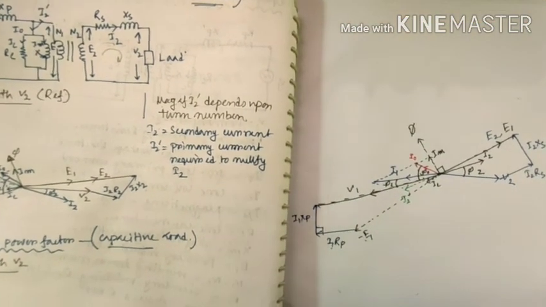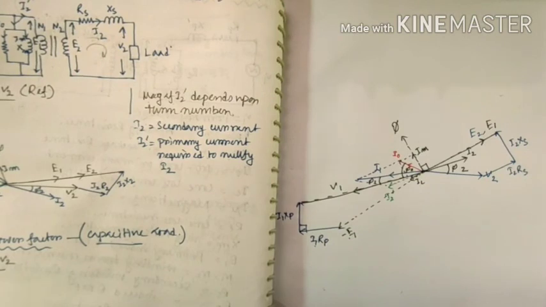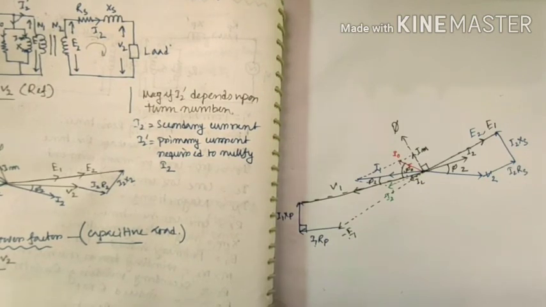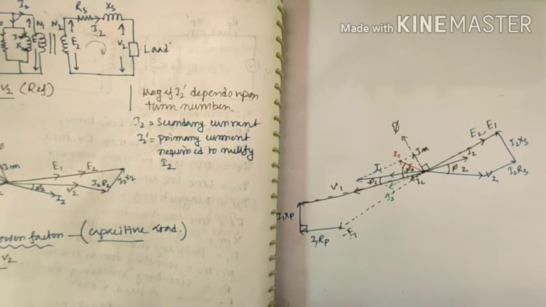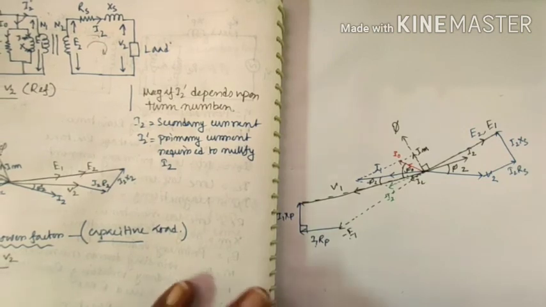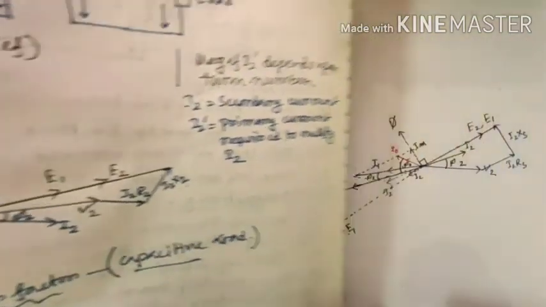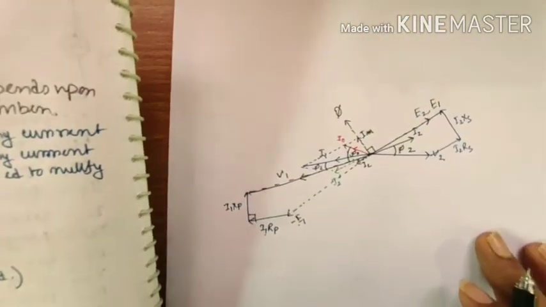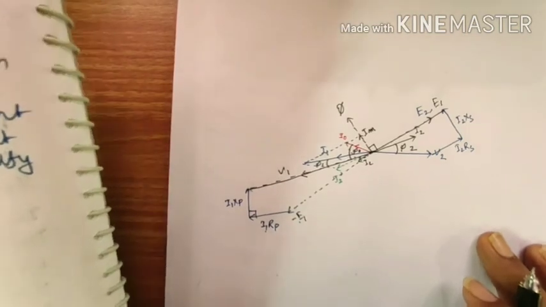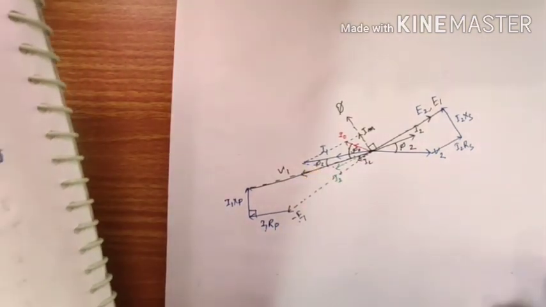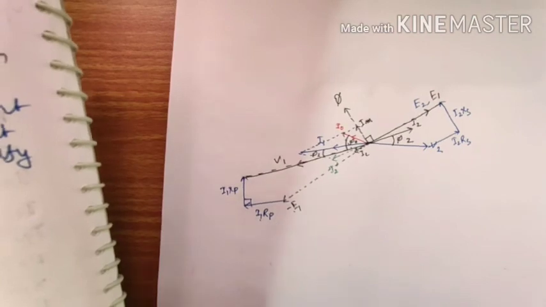So this is the way to draw the phasor diagram in case of a transformer with no load condition, and if the load is inductive in nature, then it is like this one. If the load is capacitive in nature, then the phasor diagram looks like this one. That's all for today. Thank you.